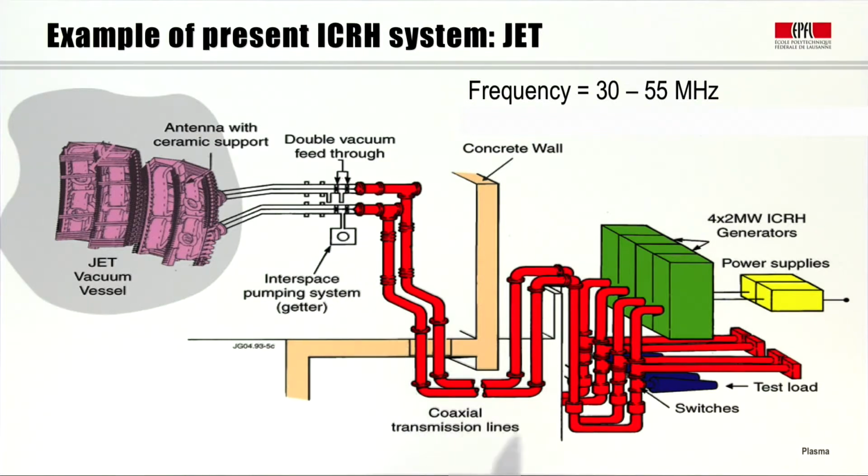There is a set of coaxial transmission lines to transmit the power with very small levels of losses. The frequency of the ICRH system in JET is between 30 and 55 megahertz. You have the switches that allow you to test your generators on dummy loads, or of course to inject the power through the transmission line that eventually goes to the antennas. And you have the generators.